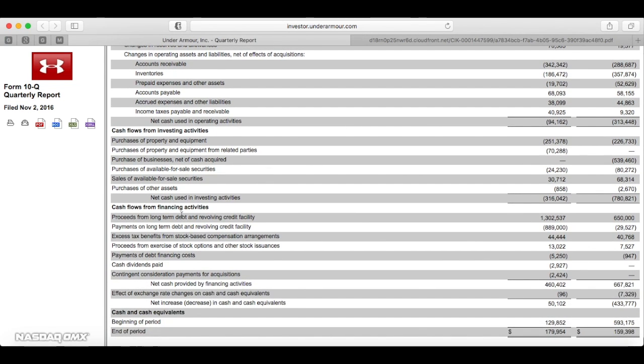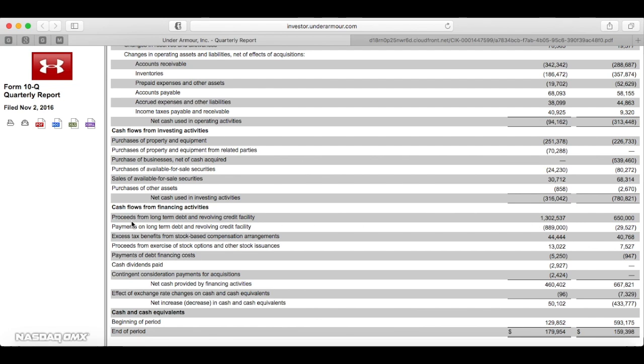Essentially, cash flows from financing activities is even more common. You'll see this on almost every company, especially ones with debt. Here, proceeds from long-term debt and revolving credit facility. So notice they say proceeds here. This is money, $1.3 billion.